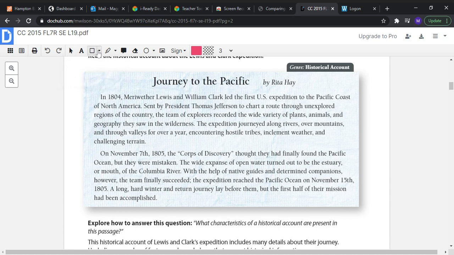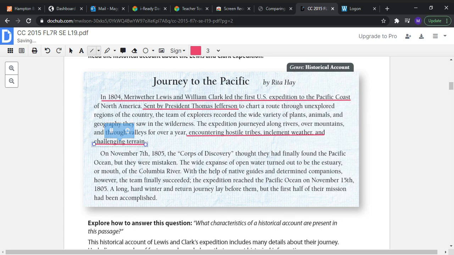So I'm going to take my underline tool and try to underline any facts. So right here I see a very important fact. In 1804, Lewis and Clark led the first U.S. expedition to the Pacific coast. That is very important. I see that they were sent by President Thomas Jefferson at the time, and that they encountered hostile tribes, inclement weather, and challenging terrain.